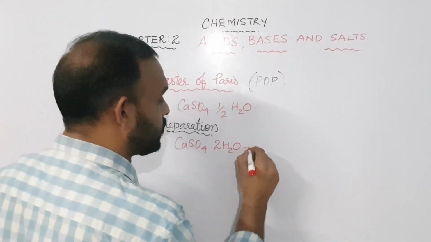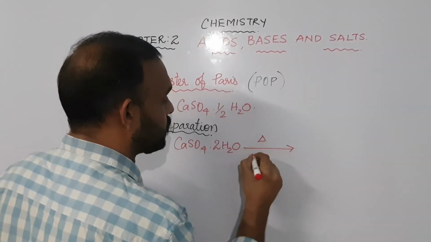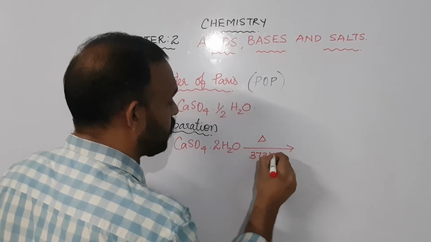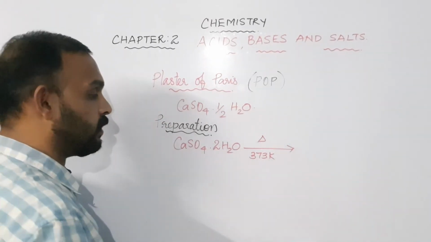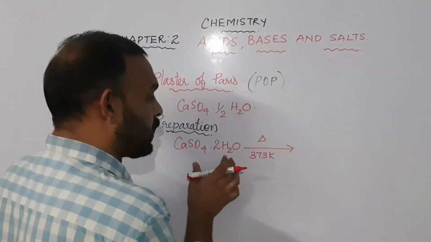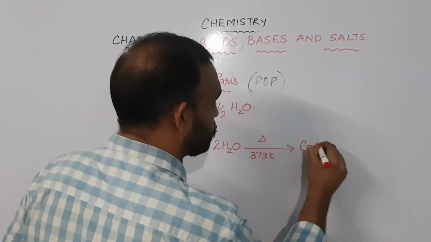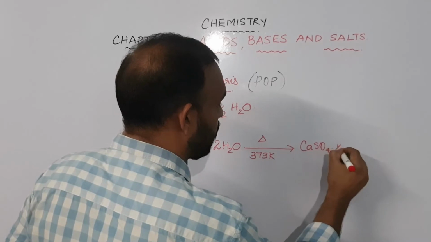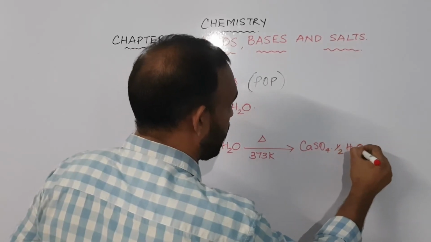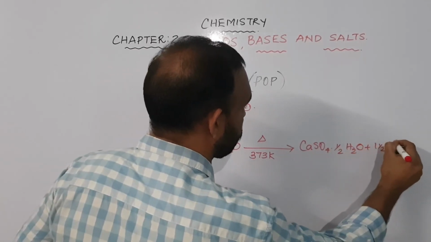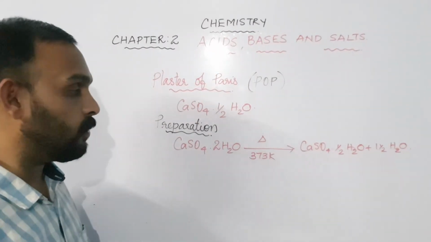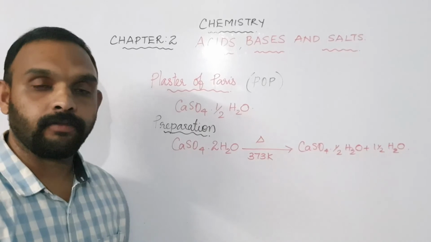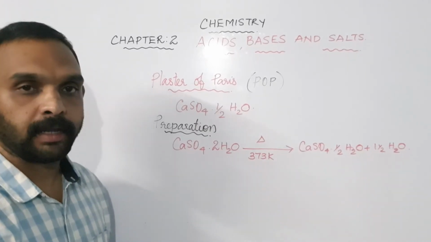When this gypsum is heated at 373 Kelvin, sharp temperature 373 Kelvin, what will happen? It will decompose to form calcium sulfate hemihydrate and 1.5 molecules of water. So this is the process of preparation of plaster of Paris.